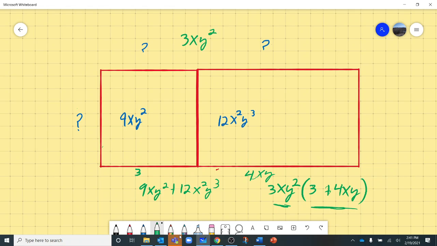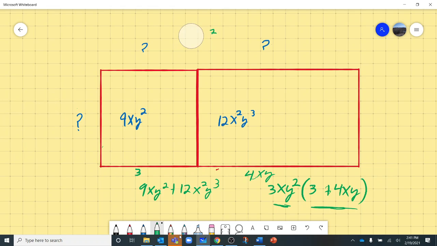That would mean the side would have to be 3 plus 4xy. And then we would have to figure out how to get the 9xy squared using a 3 plus 4xy. It doesn't really work, so that's not a valid option.